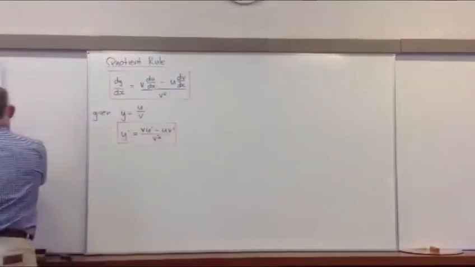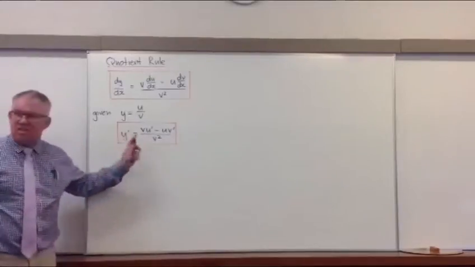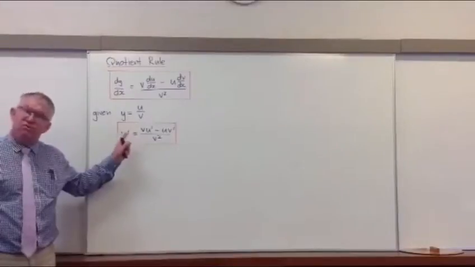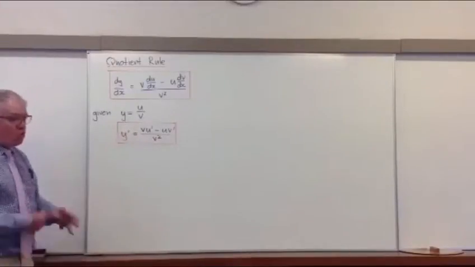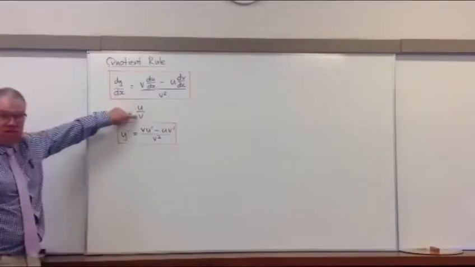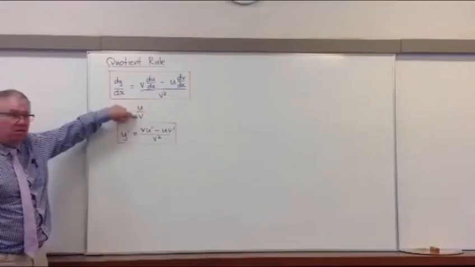Now, oddly enough, you don't always have to do that. In fact, some of you yesterday were already dealing with one function of x divided by another function of x. Do you remember what you did to deal with that?